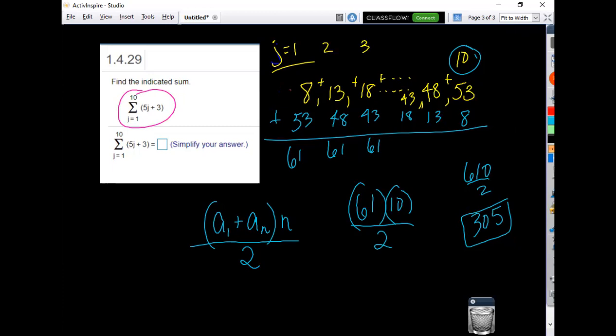And then you don't really have to do this step right here. I'm just showing you this step so you understand where those formulas came from, that it wasn't just some magic thing. Some guy named Gauss, I think, noticed that he could do it that way, to get your final answer.